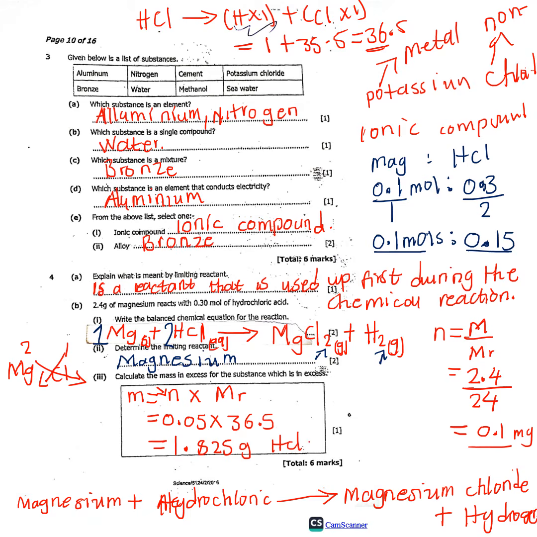Okay, now from there, let's move on to question 5. Question 5: 20 grams of marble chips were reacted with 50 cubic centimeters of 3.0 molarity hydrochloric acid.